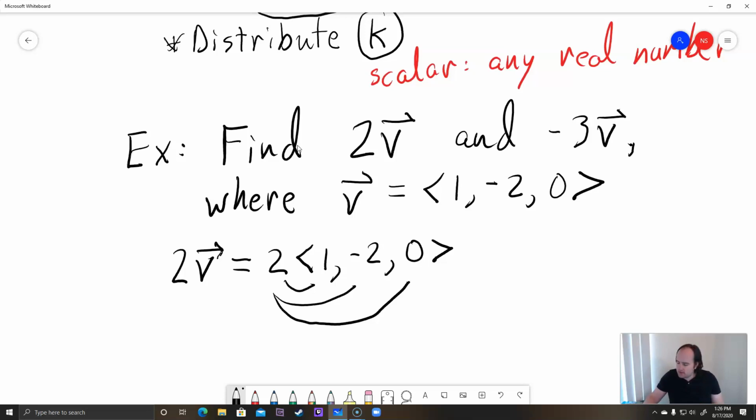Once you distribute the 2, you're just going to be multiplying. So that's going to be 2 times 1 is 2, 2 times negative 2 is negative 4, and 2 times 0 is 0. So that's going to give us the position vector 2, comma, negative 4, comma, 0. And that's actually our answer for the 2v.